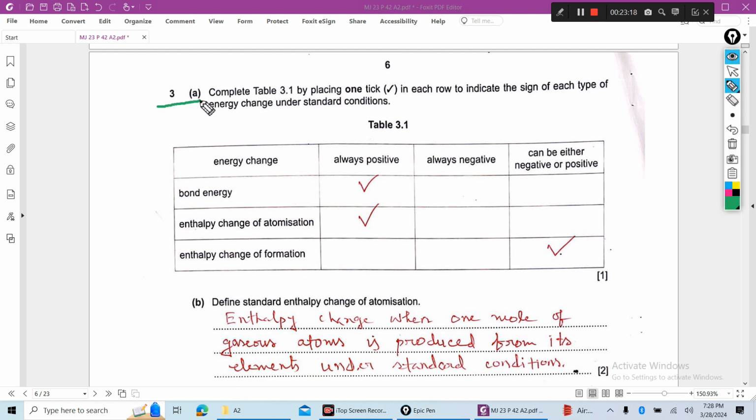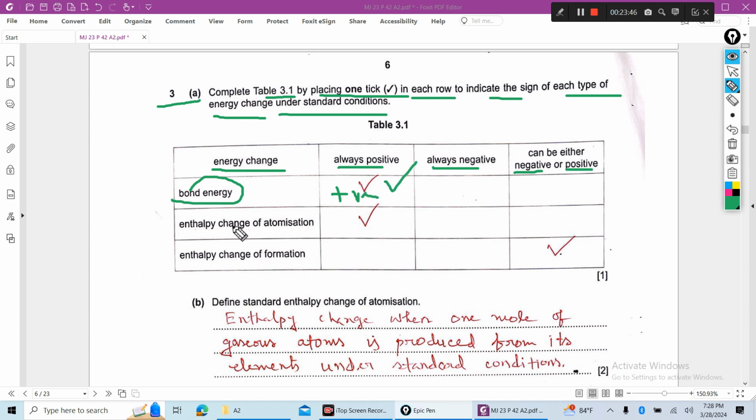Okay, now number 3, complete table 3.1 by placing 1 tick mark in each row to indicate the sign of every type of energy change under standard conditions. Energy change always positive, always negative, can be either negative or positive. Now you see, bond energy always positive, so here tick mark.